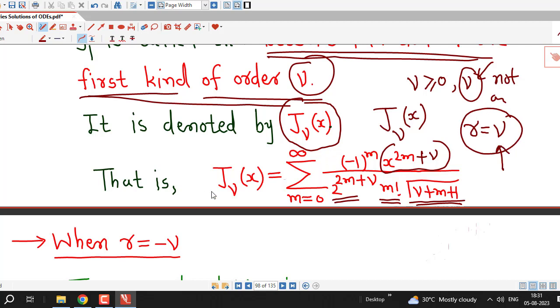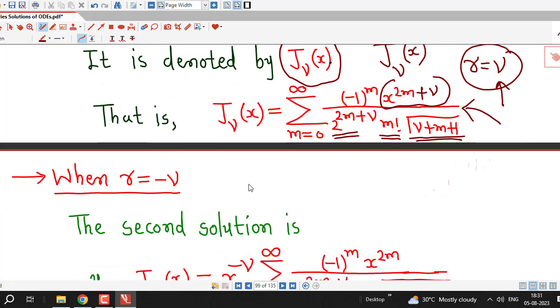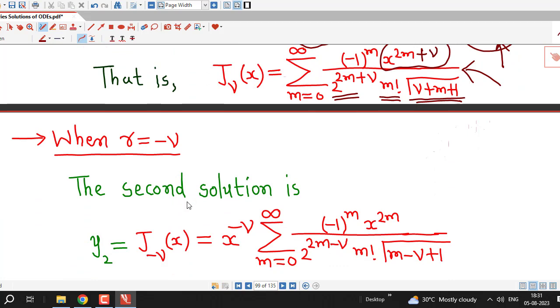Now if instead of r equal to nu, we take r equal to minus nu, then the corresponding solution can be written by replacing nu by minus nu in this formula. So we have a second solution, because these two, nu and minus nu, are not integers.